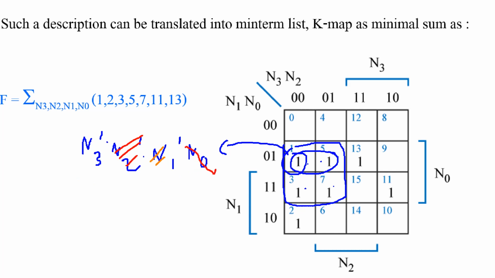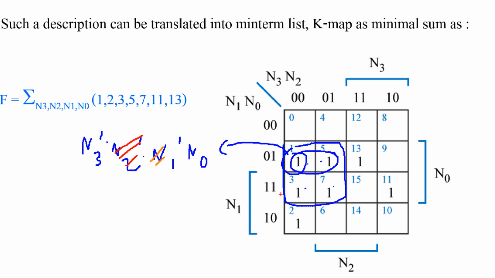It will cover this cell here, right? But it's 0 here, 0 here, 0 here, so it's not okay. If I remove n3, it will cover 0 here, so it's not okay.